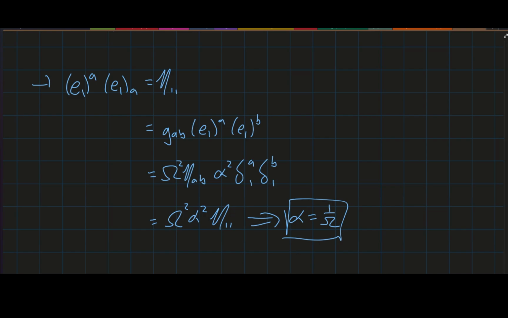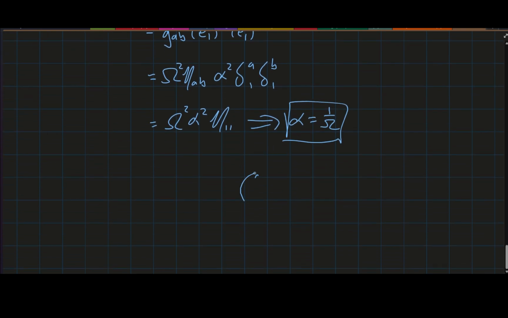We can do the same thing for beta. So for beta, we'll just think about E2 instead here. So write down E2A equals, remember we would just raise and lower things with the metric, so we can put a GAB here and get E1A, sorry, this should be E2A, E2B.